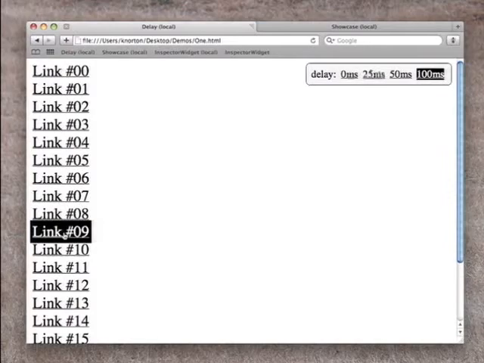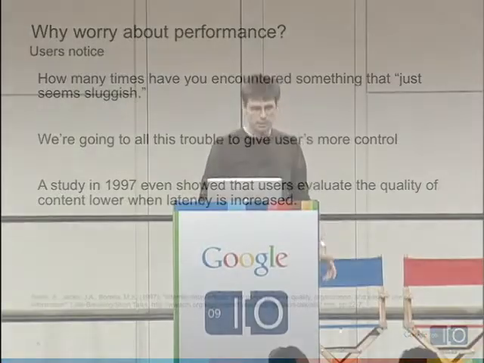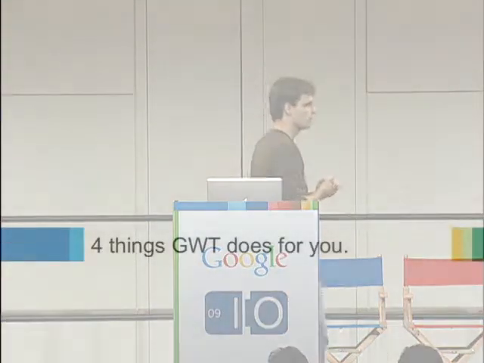So it just goes to show you that even with these numbers, there are still interactions that happen in web apps that are very common, for which even 100 milliseconds is not fast enough. Hopefully that was a really quick way to convince you, if you weren't convinced already, that performance is important.